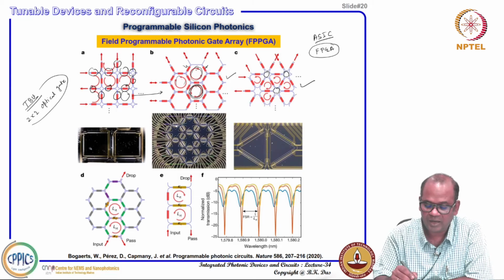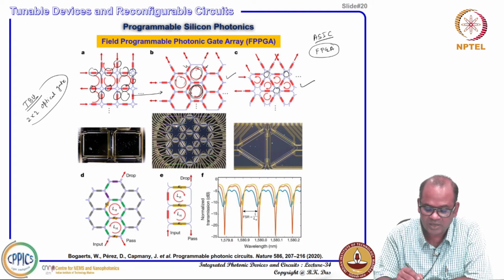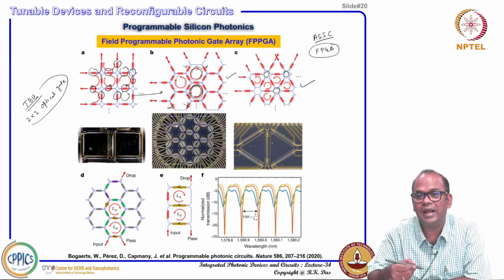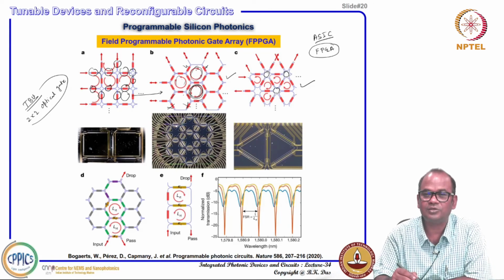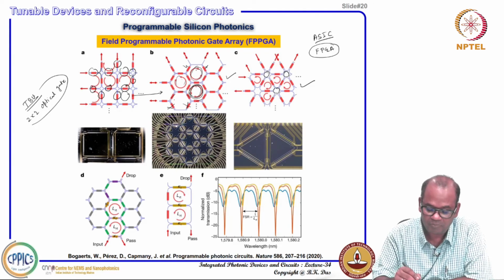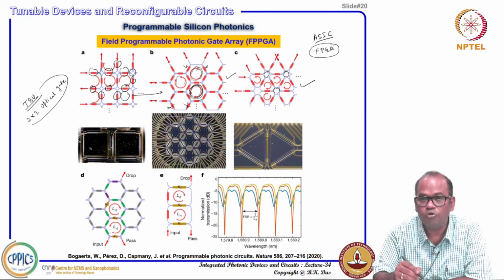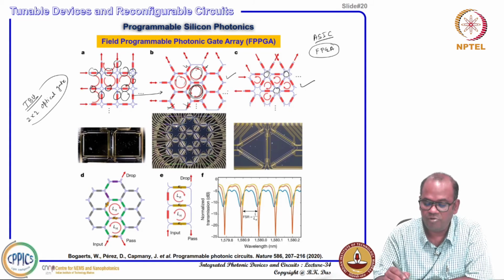Also you can have cascaded structures, for example, if you want to cascade certain Mach-Zehnder interferometers, you cascade this one and this one, and then you can go to this one, you do not need to activate this one, and you can also have a delay line, a delay path. As much as you want, you can route the signal according to your requirement.